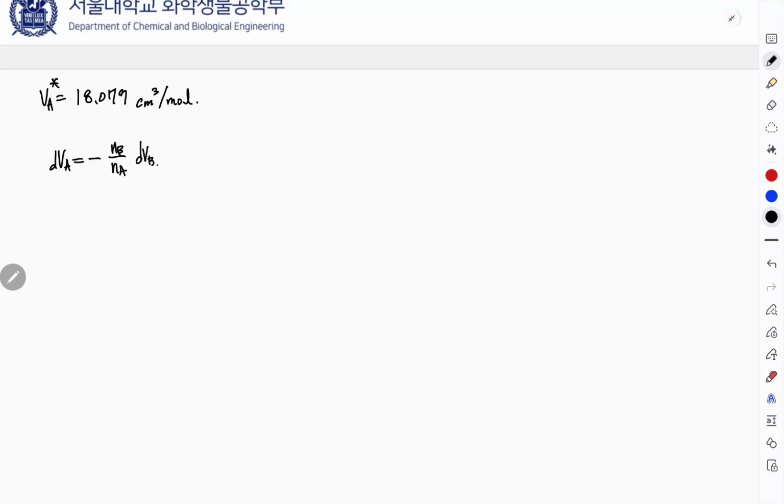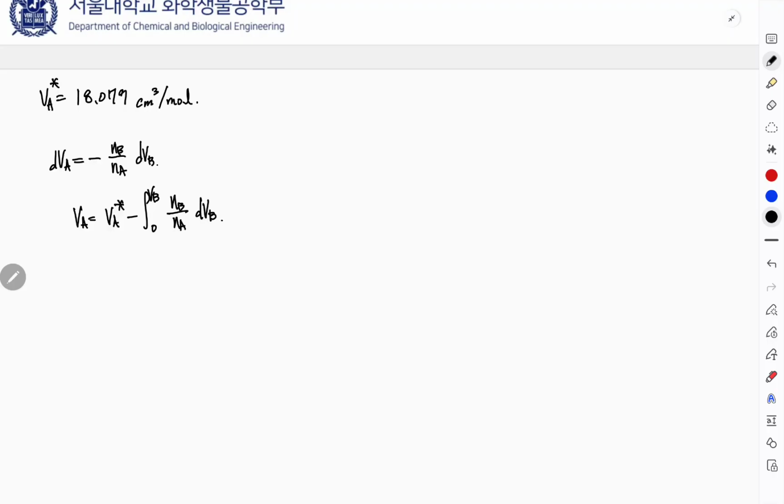If we integrate this one, we will get VA. So here what we know is that VB is a function of x.